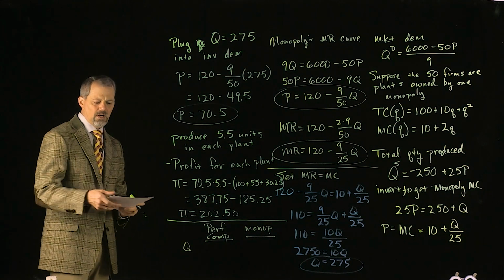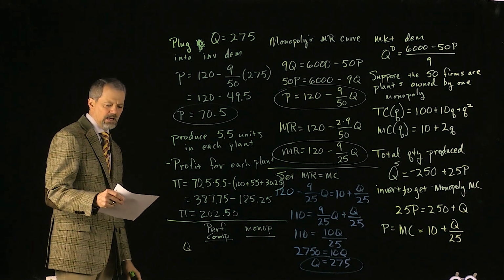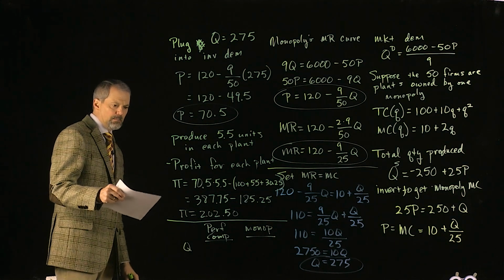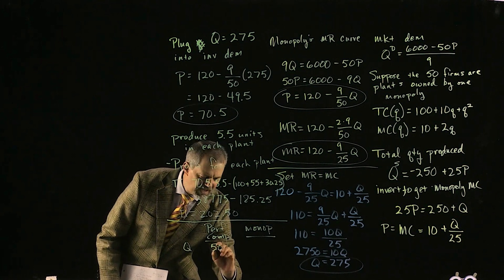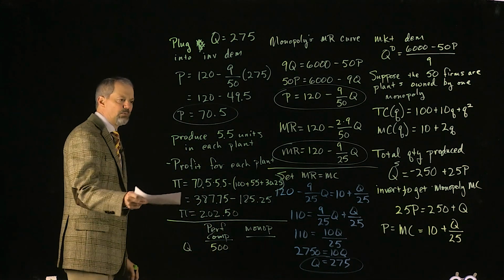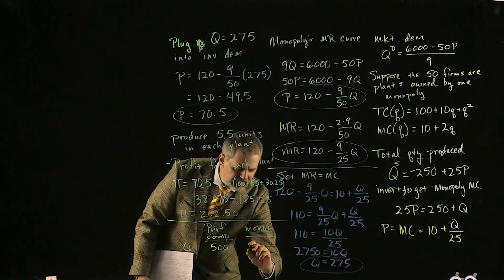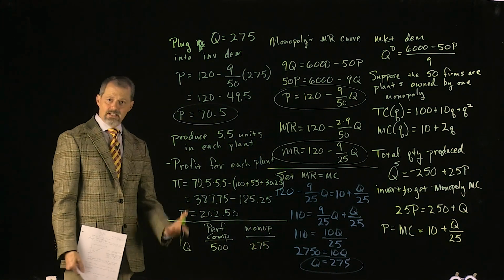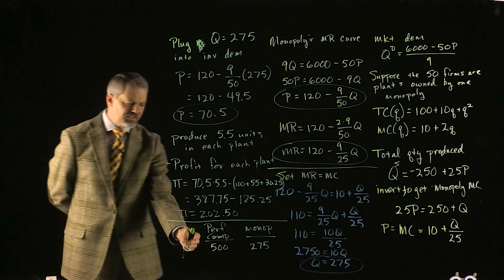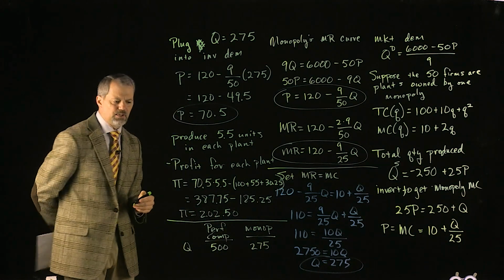In perfect competition, in that problem it worked out to be 500. And with monopoly, the quantity is 275. So in terms of quantity, the monopoly uses its market power to restrict quantity. It reduces the quantity produced.